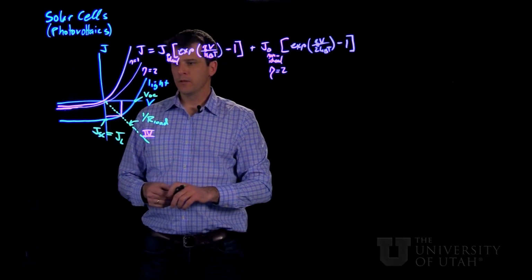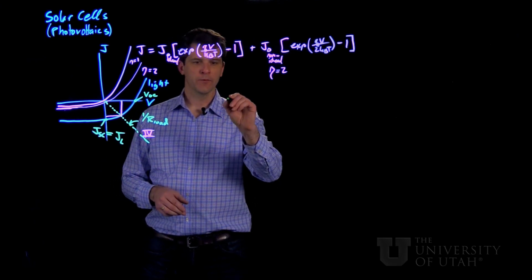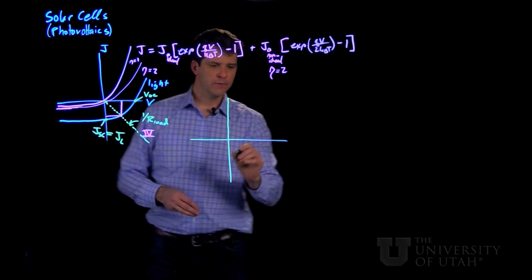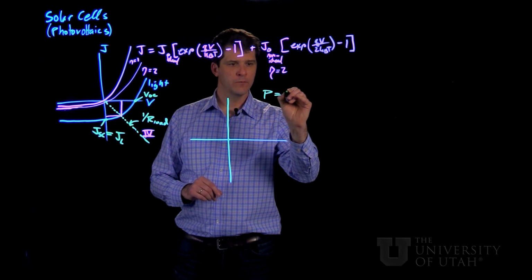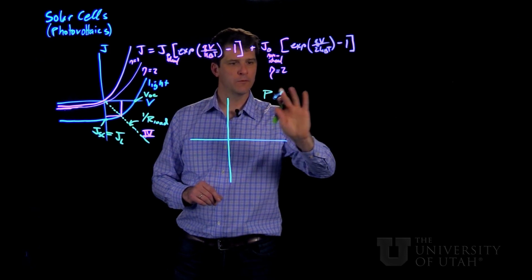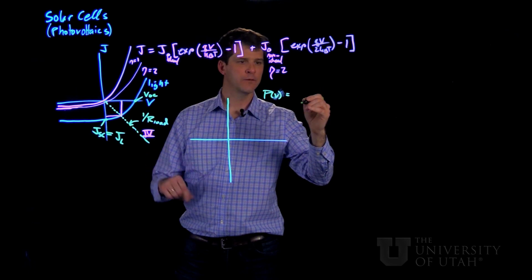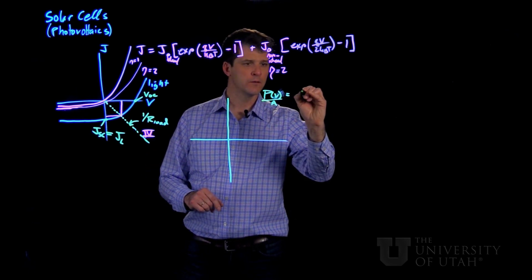So the actual maximum power that we can extract out of this solar cell becomes a good question. And it turns out that the power is a function of voltage, given by the current I times the voltage.